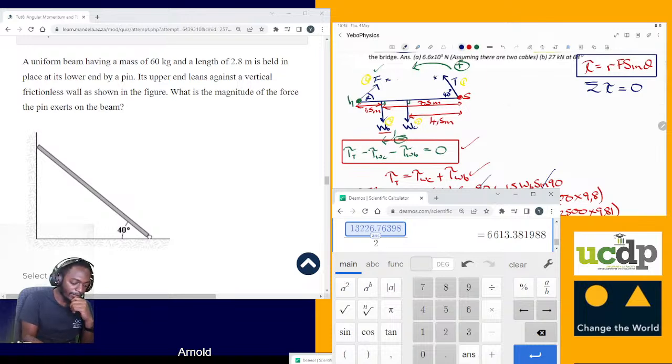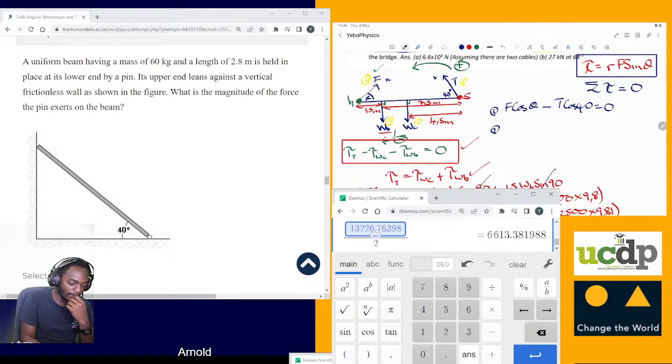And that will be F cos of theta, right? And it's positive, right? And minus T cos 40 equals 0. That is our x direction.